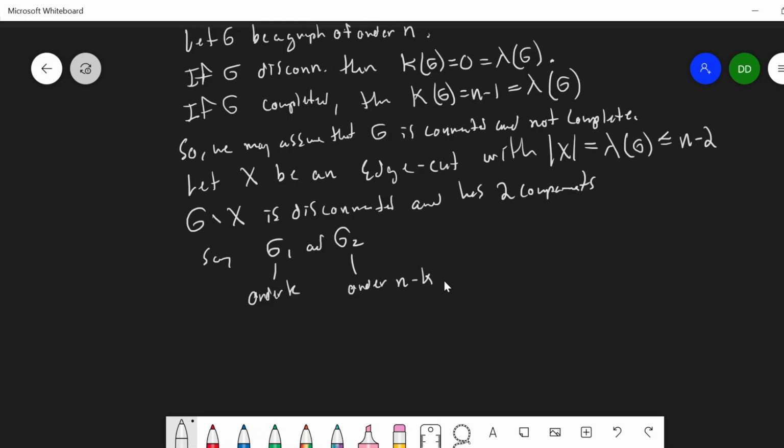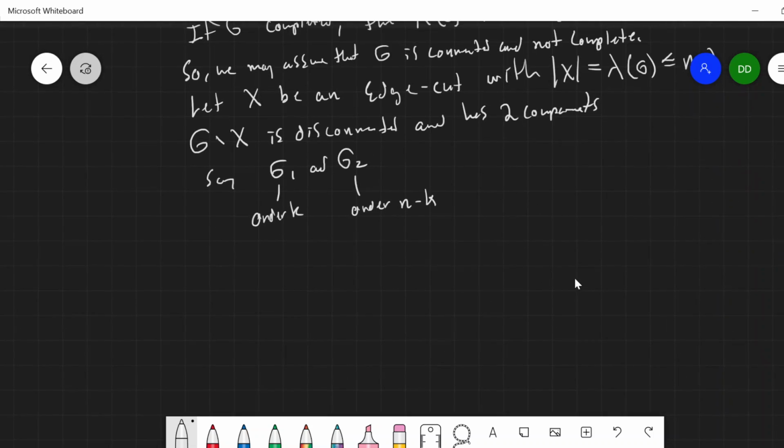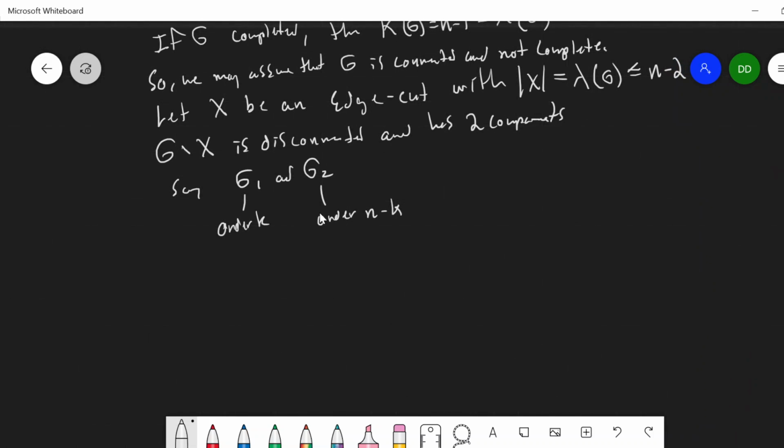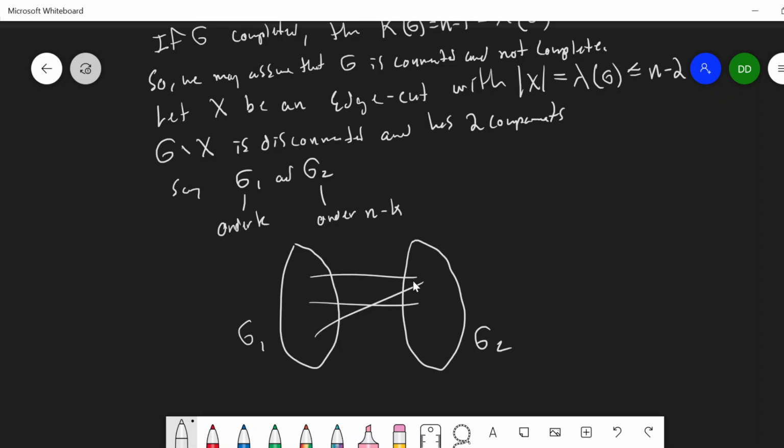This may seem similar to when we proved that the edge connectivity of a complete graph is n minus 1. We start off in a similar way, and actually we'll see that same argument play out to eliminate another fringe case. So here we have G1, we have G2, and then we have some edges going between these, and the number of edges here is the cardinality of X, which is my edge connectivity.